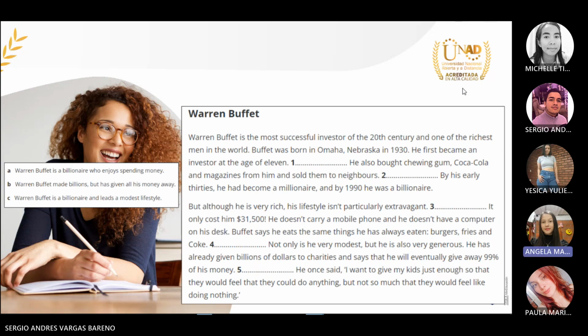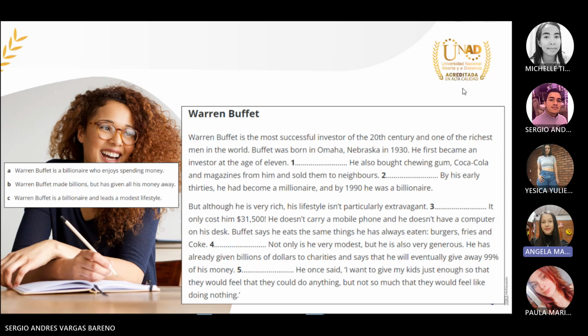He doesn't carry a mobile phone and he doesn't have a computer on his desk. Buffett says he eats the same things he has always eaten: burgers, fries, and cookies.